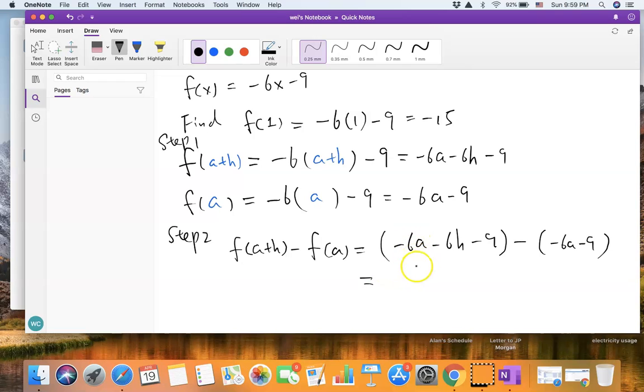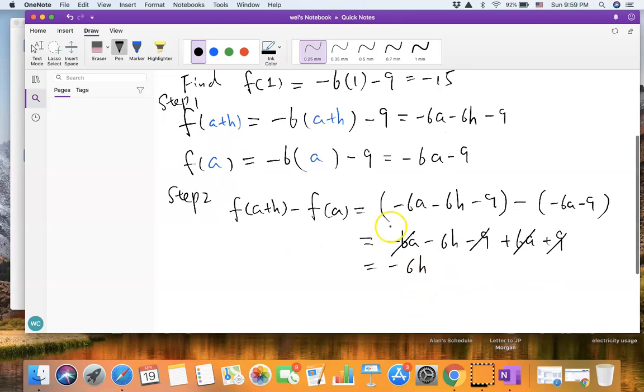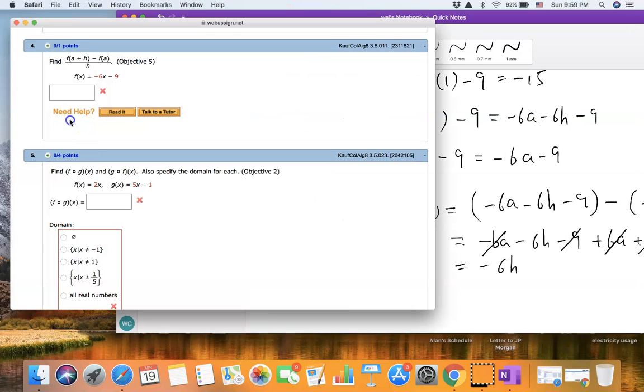Now we simplify this expression. Since this is minus negative 6a, after I remove the parentheses, it becomes plus 6a and plus 9. Now we can see the negative 6a and positive 6a are cancelled. Negative 9 and positive 9 are cancelled. So we are left with negative 6h.